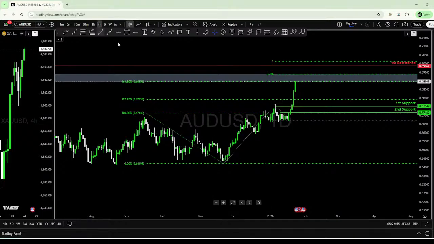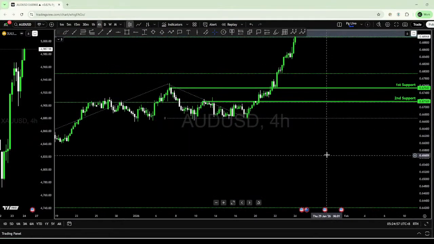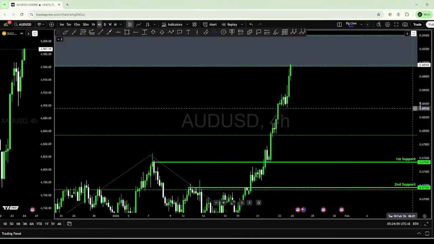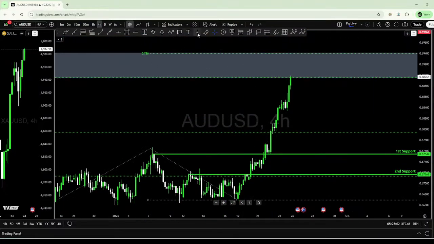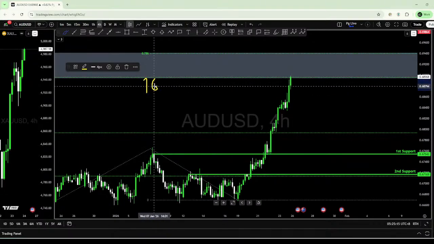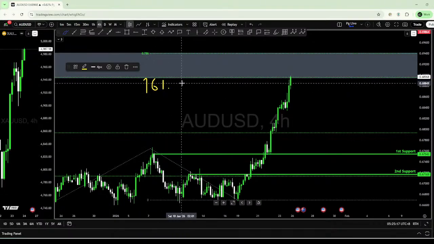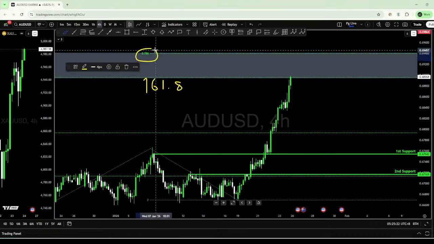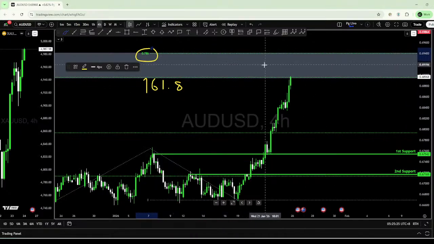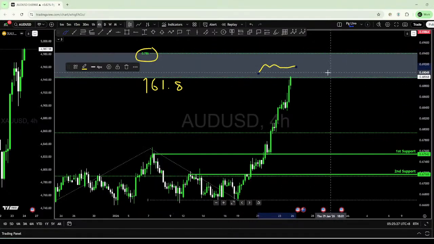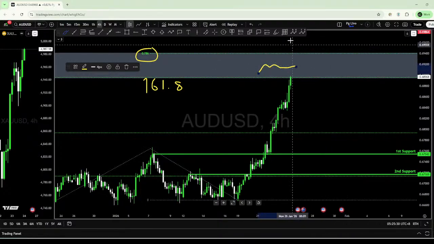So what you need to do is wait for price to show us the confirmation for the Aussie dollar. This is 161.8% Fibonacci, and this is a 78.6% projection. So right now price is going into this zone. What we want to see is the confirmation.